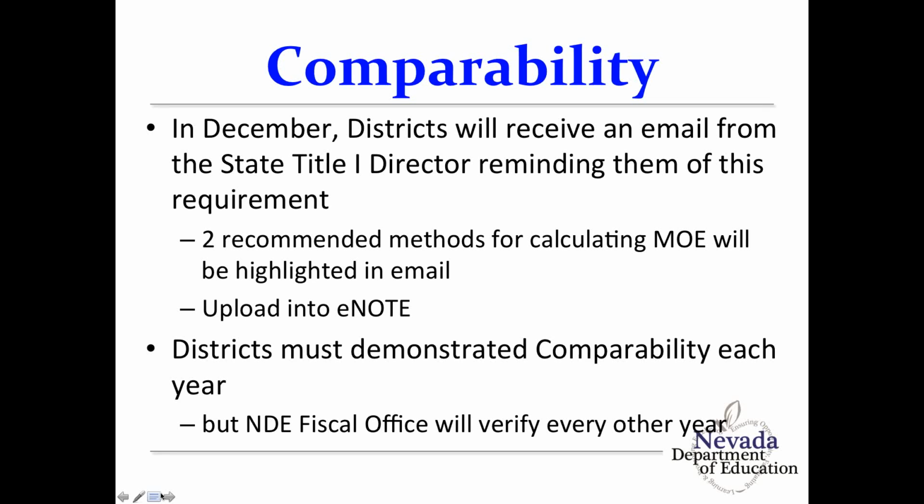So, this is Christina, just to tag on to what Gail mentioned, the fiscal office is only going to verify the comparability every other year, but from a monitoring perspective, you still need to show proof of evidence that from the district's level, you're still keeping track of that.